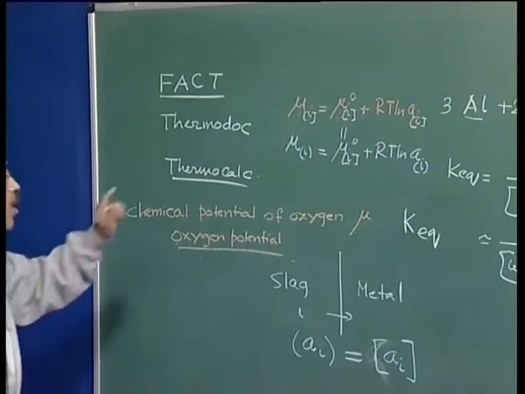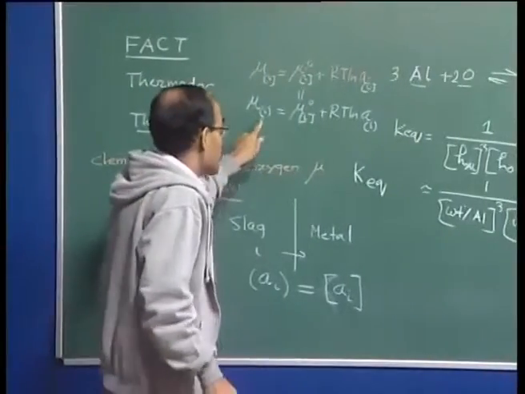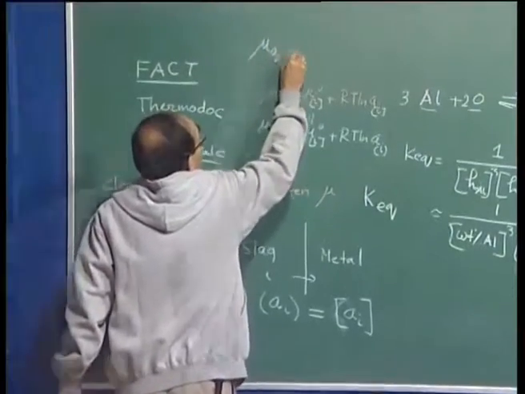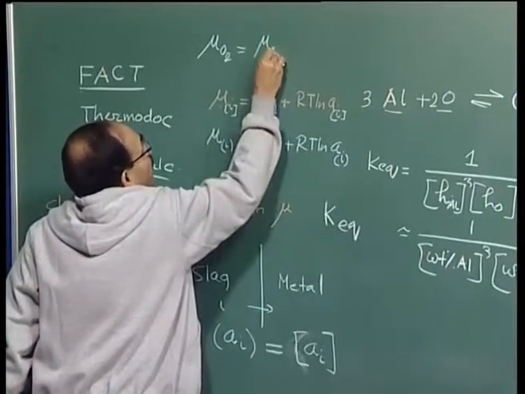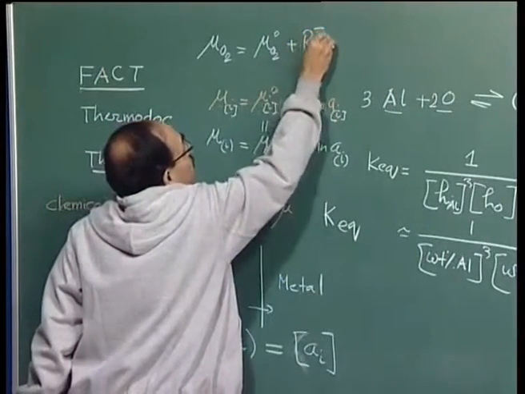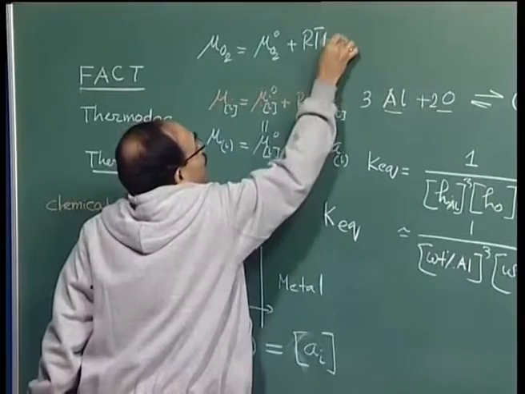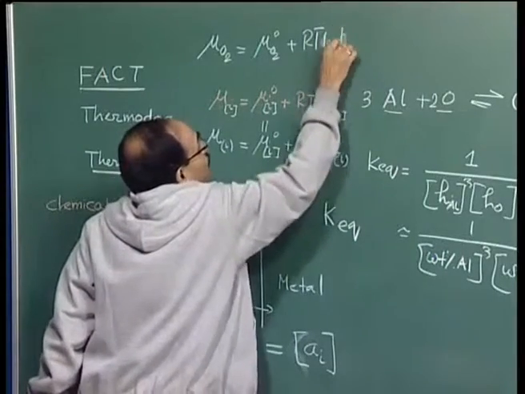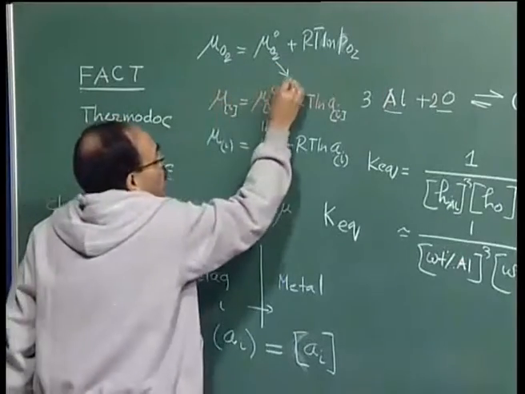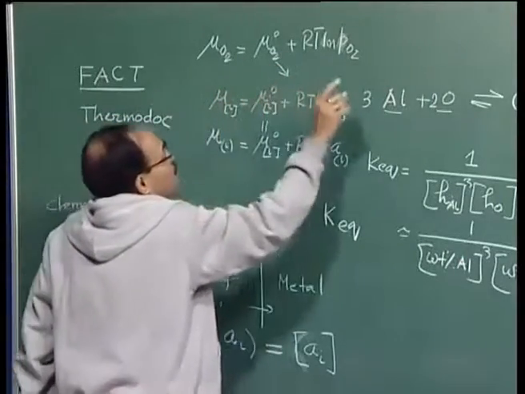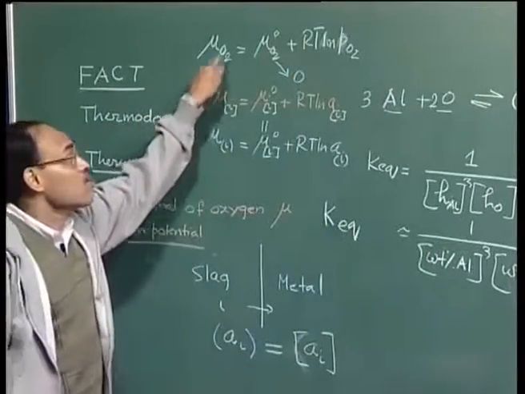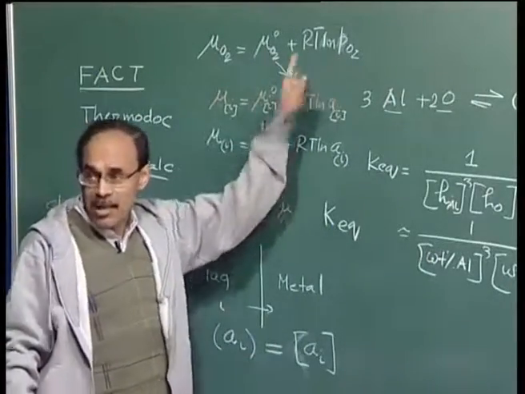Now, we can find the chemical potential of oxygen, which is defined as mu O2 equals mu O2 standard plus RT ln PO2. That is the fundamental definition of chemical potential. Because it is in the pure state, if you assume that only oxygen is available, then the activity term is equal to 0, and therefore the chemical potential is directly related to the partial pressure of oxygen.